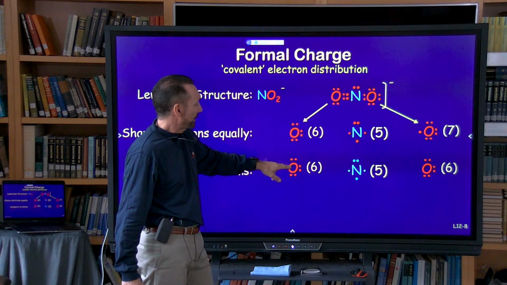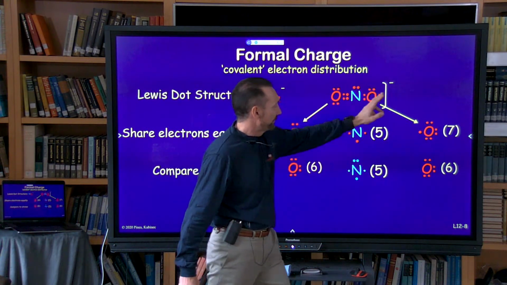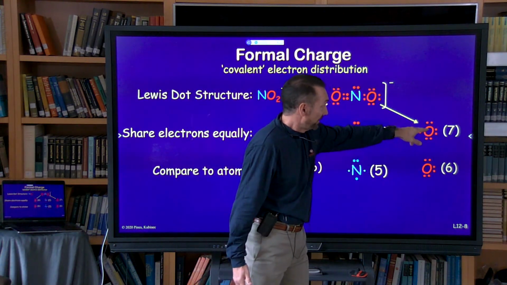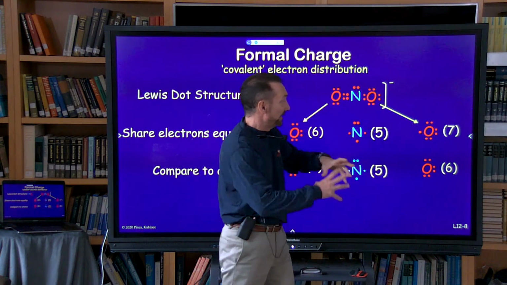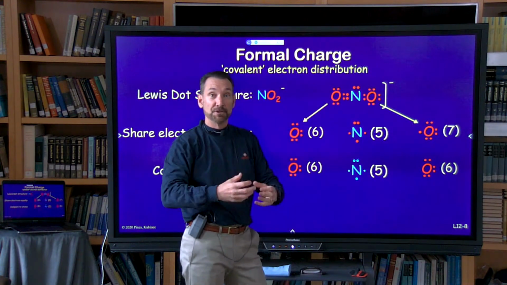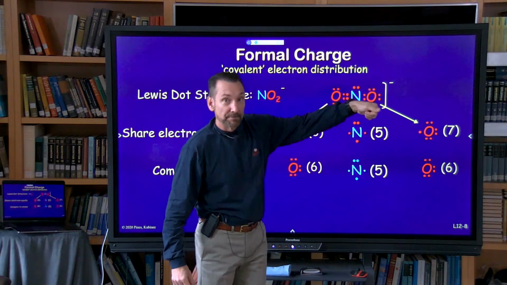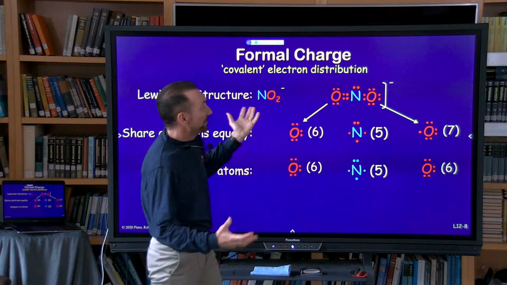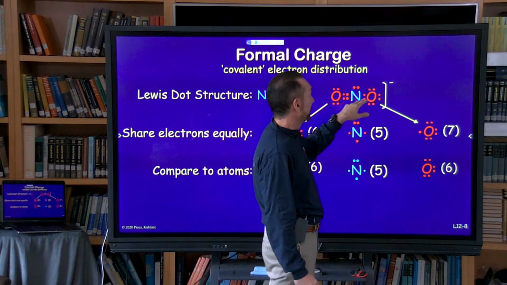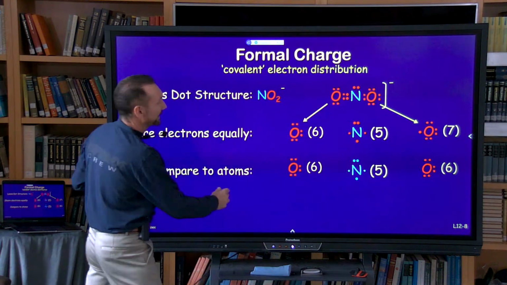So oxygen has 6 valence electrons, nitrogen has 5, oxygen has 6. But in this molecule, if we do this distribution where we pull them apart and share, both of them can count the shared electrons, essentially. You can count it and I can count it.